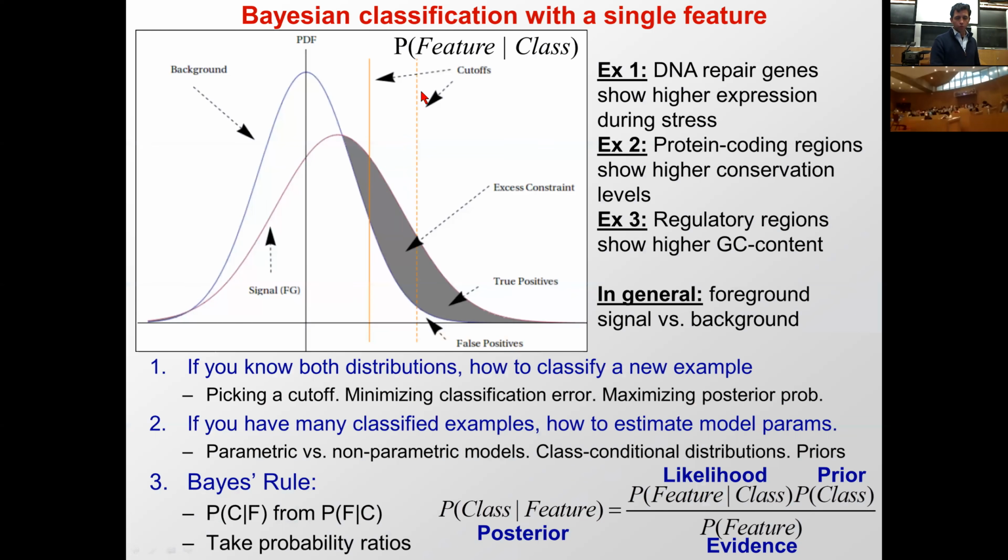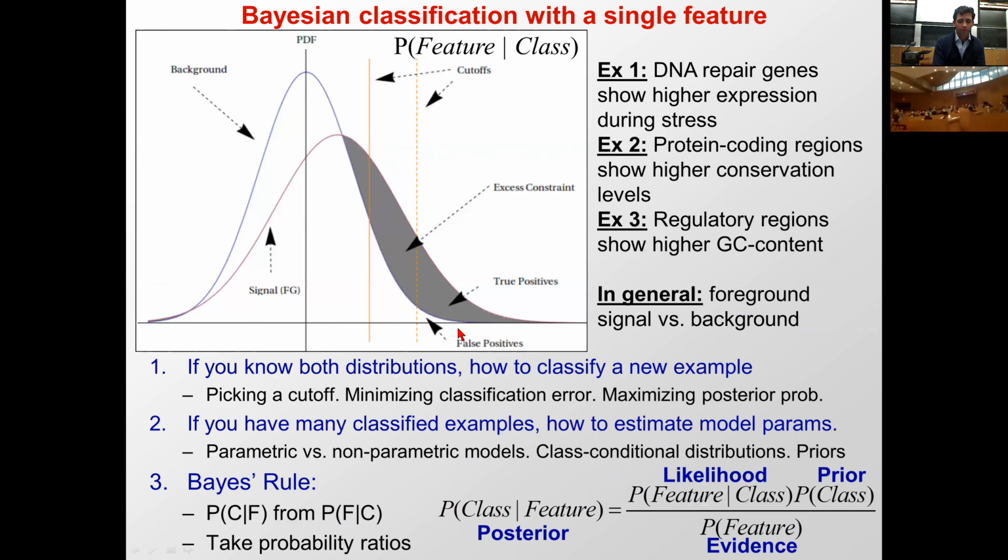And then you can choose a cutoff for choosing a point to be in that class according to whether it is above some particular threshold. Basically, regardless of what these distributions look like, in the end, you're going to be making a decision based on a comparison of a value that you're observing and some kind of threshold.